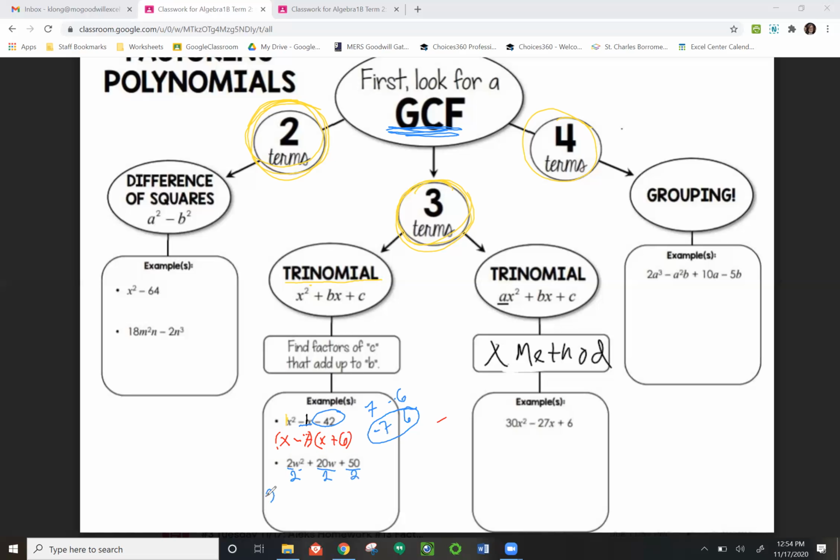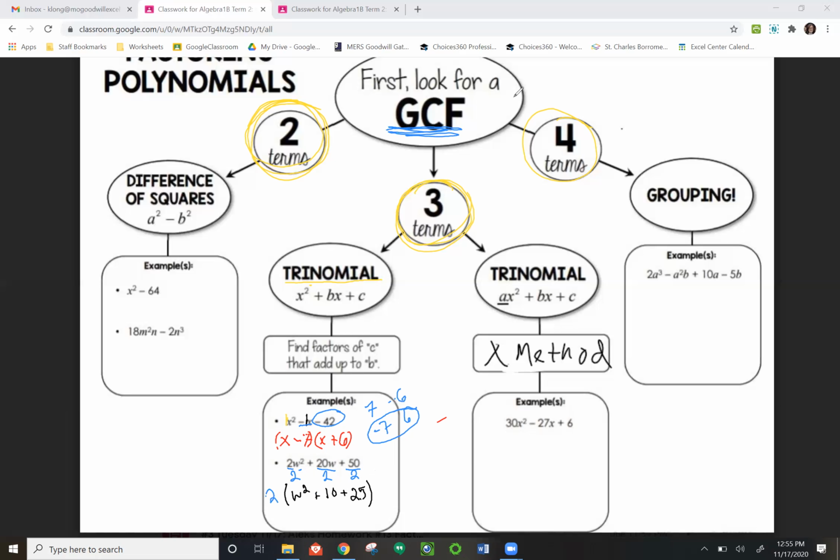So I'm going to pull that 2 out, and what am I going to be left with? I'm going to be left with w squared plus 10 plus 25. Okay, now we began the factoring, but we're not completely factored. What's left inside my parentheses is a trinomial that has a leading coefficient of 1. So I know that it's going to be able to be factored.